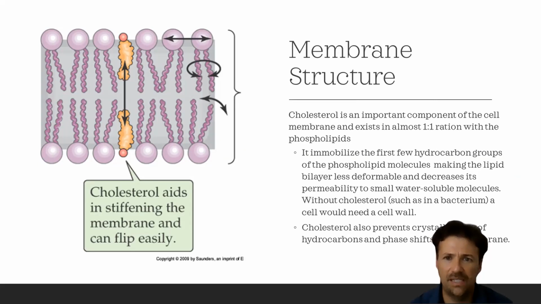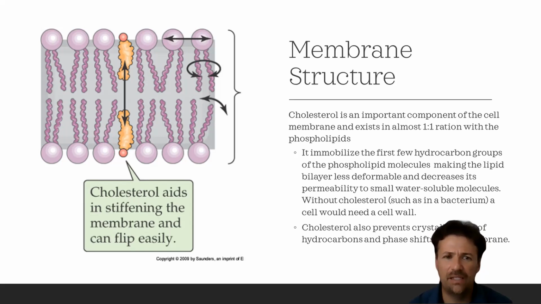What it does is it stops the molecules becoming too deformable and sliding by one another too much. If that were to happen, the membrane would not have any strength or functionality. And then the cell would actually need a cell wall like it happens in bacteria.